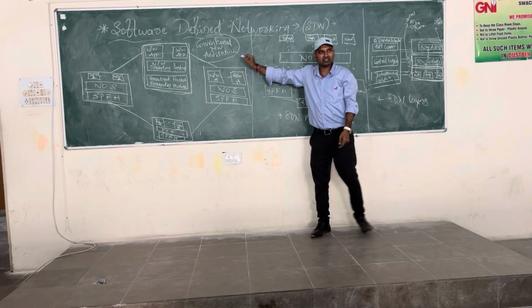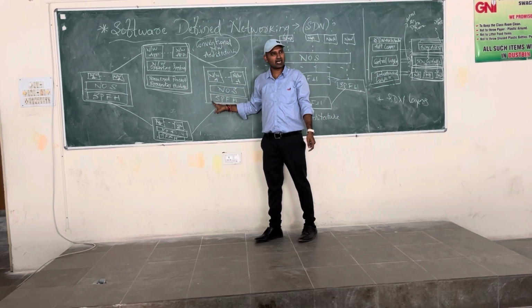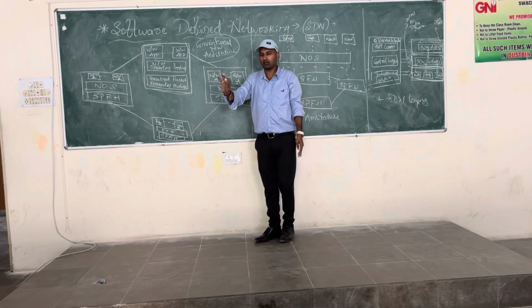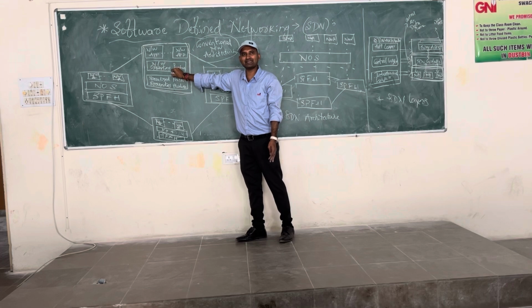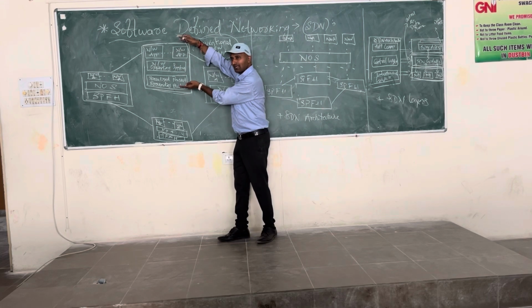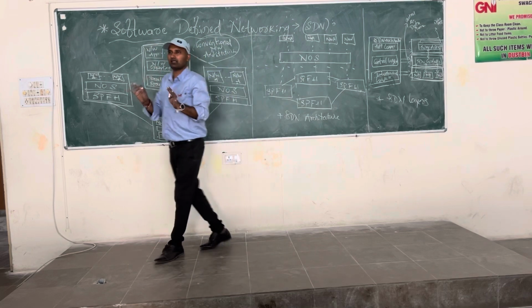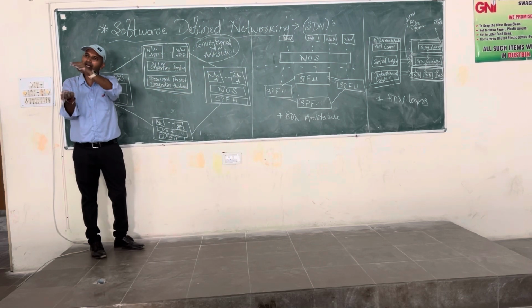But what about conventional architecture? Tell me, what about conventional architecture? There is no data plane and there is no control plane. All the devices, all the applications, all the operating system, all the layers, they are coupled with each other. Understandable? Simple thing. Here in the square diagram, I have everything coupled.